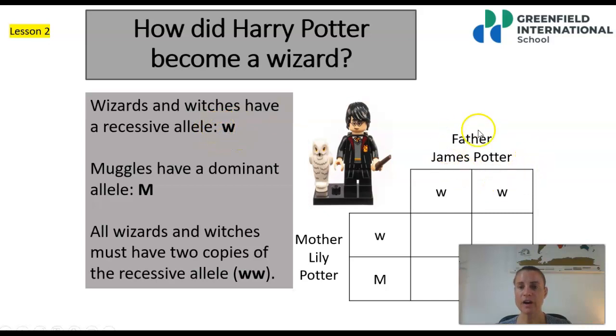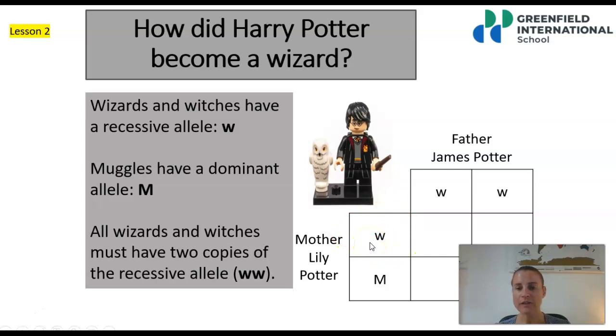Okay, so the father, James Potter, is a wizard, so he has small w, small w. Lily Potter, though, is heterozygous. She is not a witch, but she does have one of the alleles. She's actually a muggle. Sorry, I've got that wrong, haven't I? She's actually a muggle, but she does have one allele.